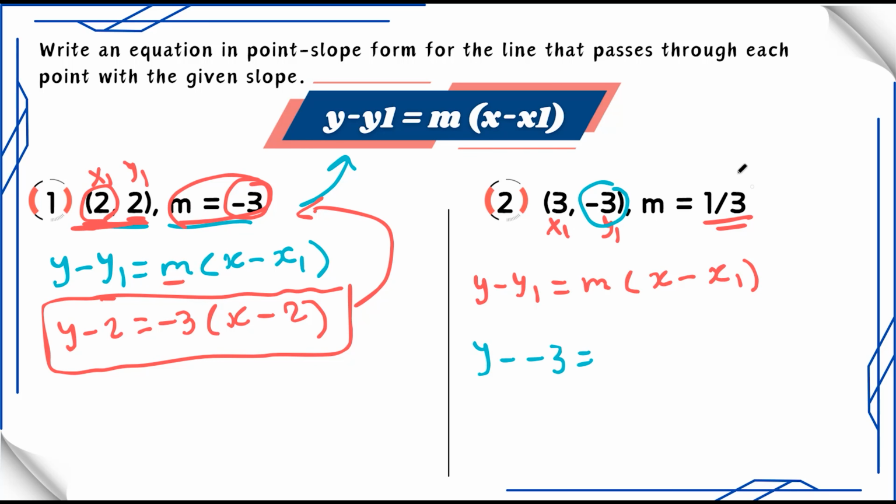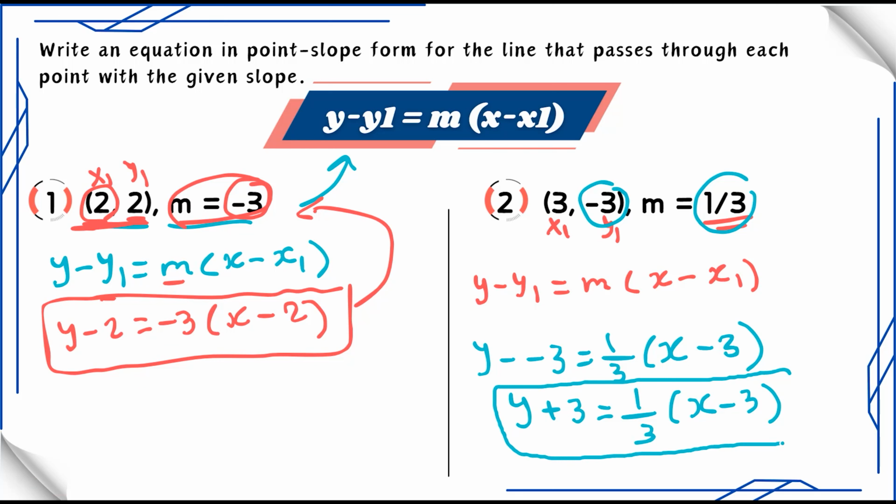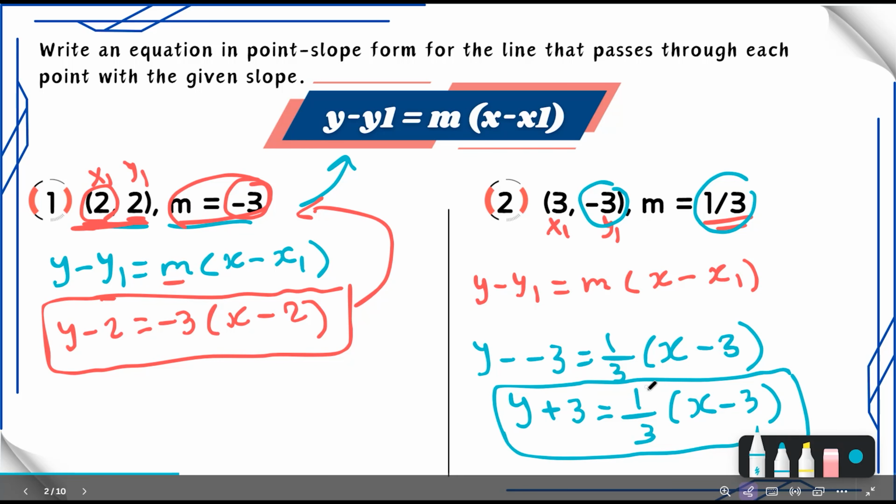Where is the slope here? 1 over 3. Multiply x minus x1, here is 3. Y minus negative 3, or y minus negative 3, will be positive. Then the final answer will be y plus 3 equals 1/3 multiply x minus 3. Then this is the final point slope form for this line.